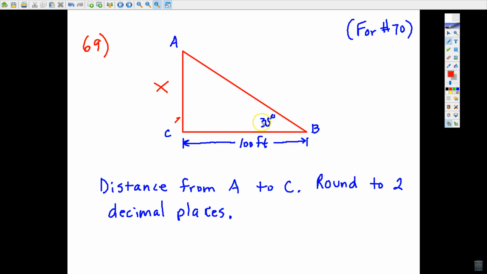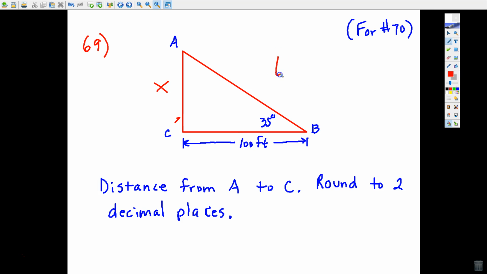We're given the measurement of angle B. So what I'm trying to do now is think about, I'm trying to find the opposite side of that angle, and I'm given the adjacent side. So give me the trig ratio that is described as opposite over adjacent.